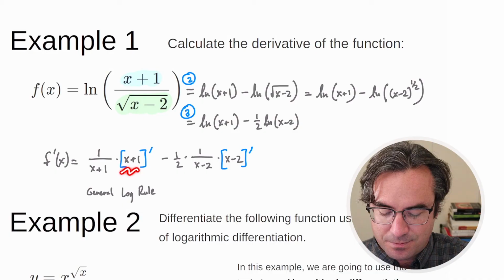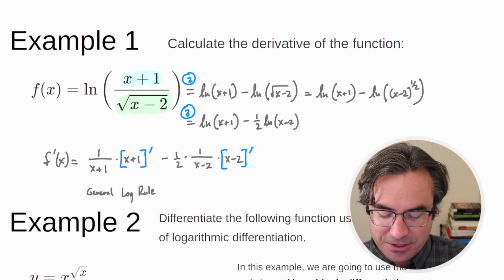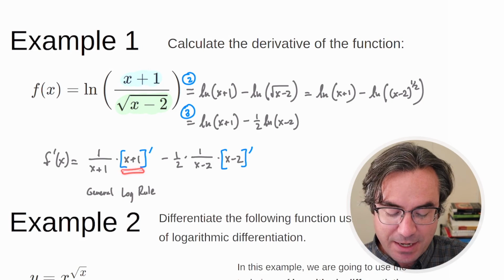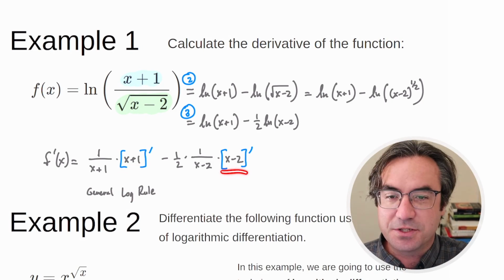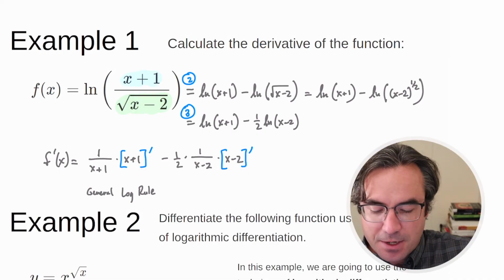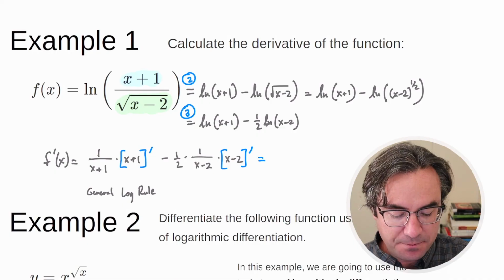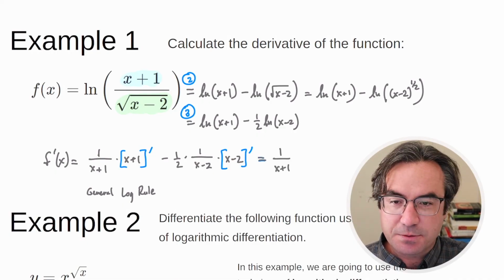So we kind of get lucky here, but you don't want to forget chain rule, the general log rule here, because sometimes you might have some contribution to this. But in this case, this just ends up being 1. So kind of a freebie. So we can finish it off. So the first term ends up being 1 over x plus 1.